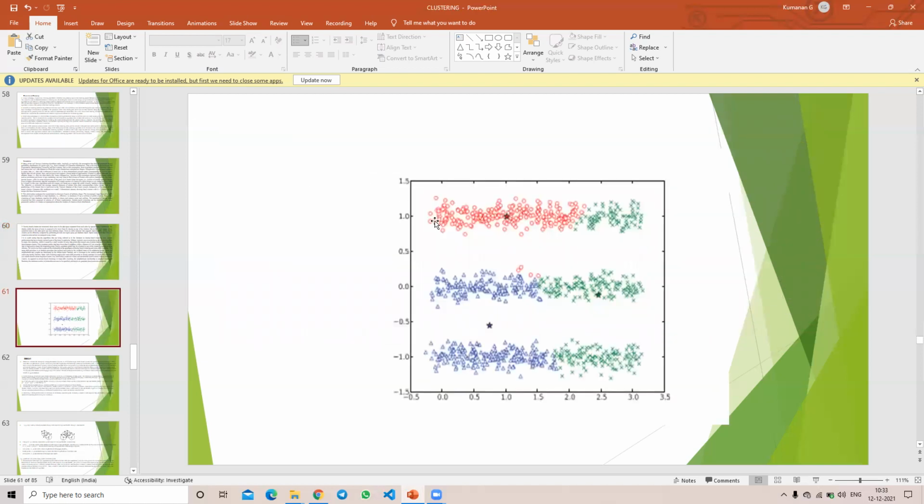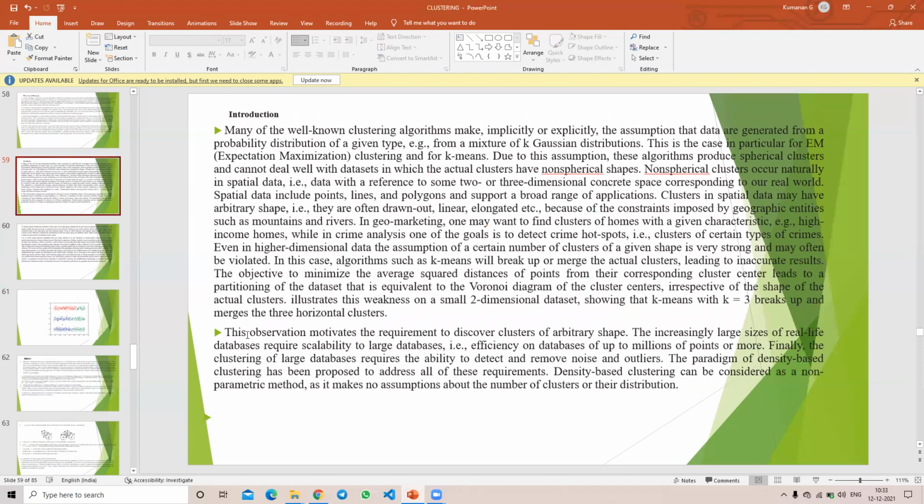As I already told, this is the plotting diagram of the density-based clustering algorithm. This was the preface.